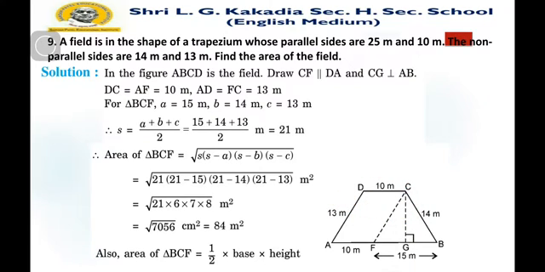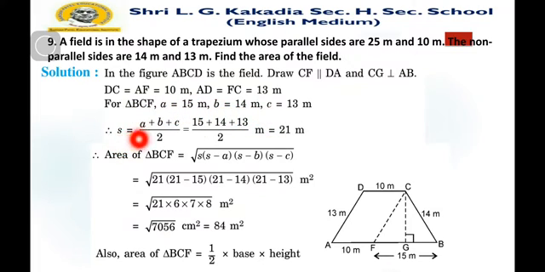So first, in the figure, ABCD is the field. Draw CF parallel to DA, and CG perpendicular to AB, as you can see here. DC is equal to AF is equal to 10 meter, and AD is equal to FC is equal to 13 meter. For triangle BCF, a is equal to 15, b is equal to 14, and c is equal to 13.